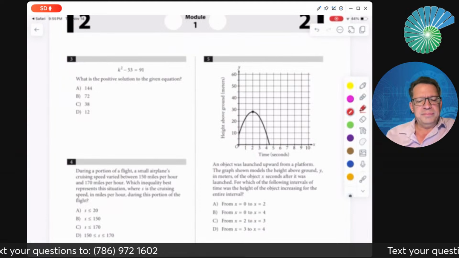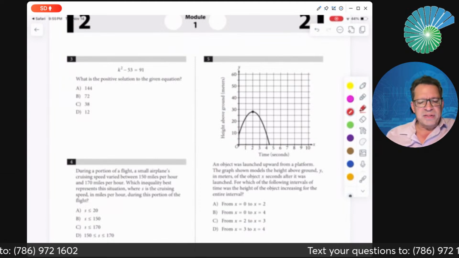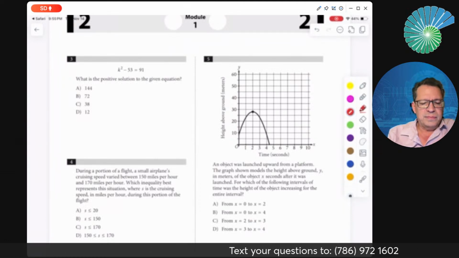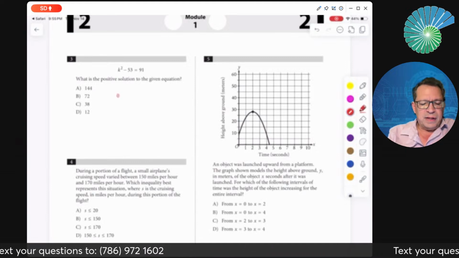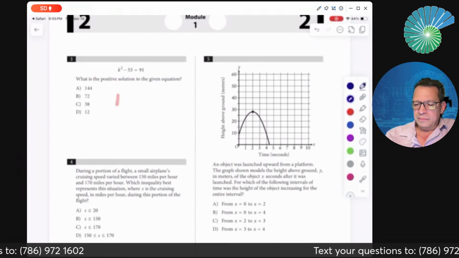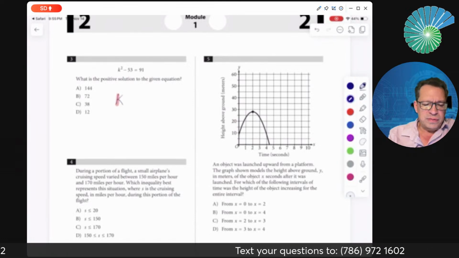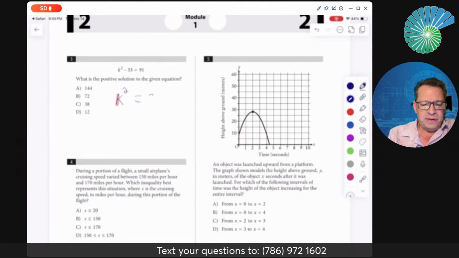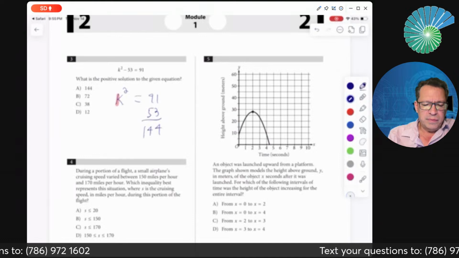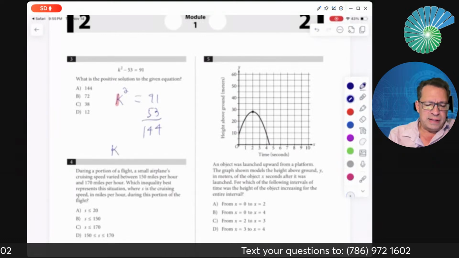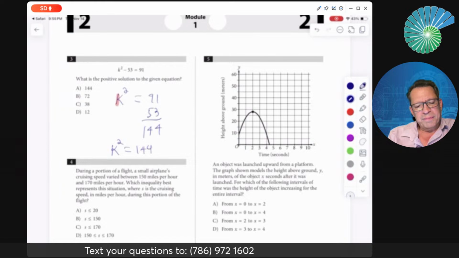Number 3, what is the positive solution of this problem, of that equation? Well, you can use algebra, in which case you add the 53 to the 91, and you get 144, meaning that k squared is 144.